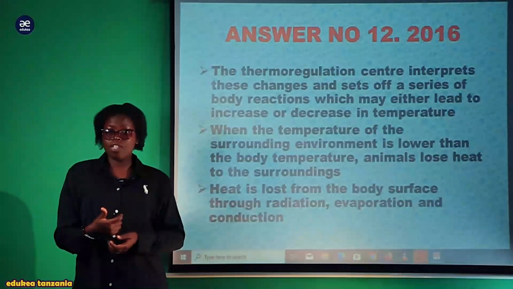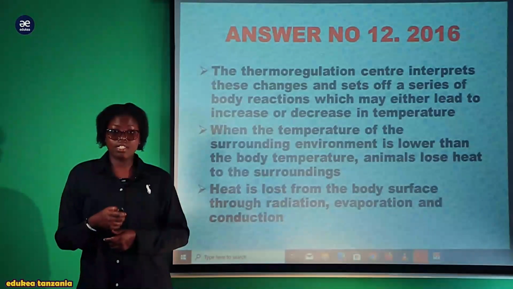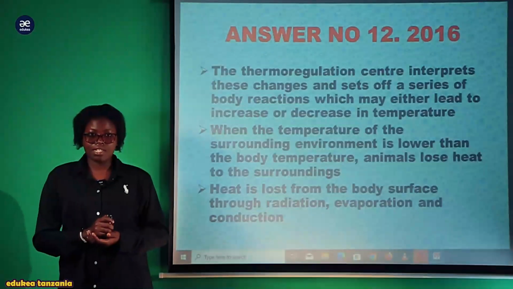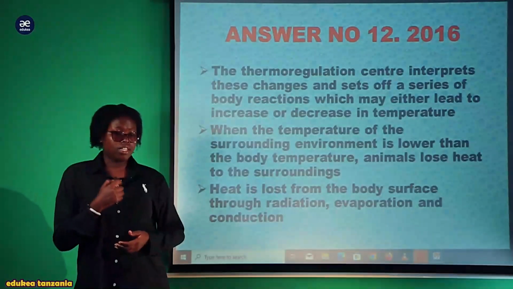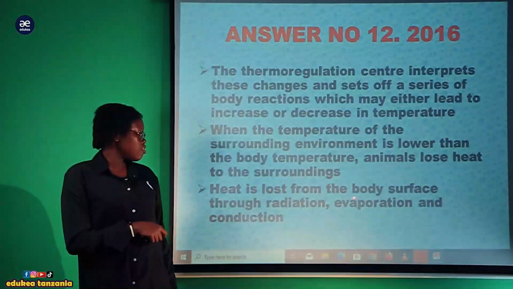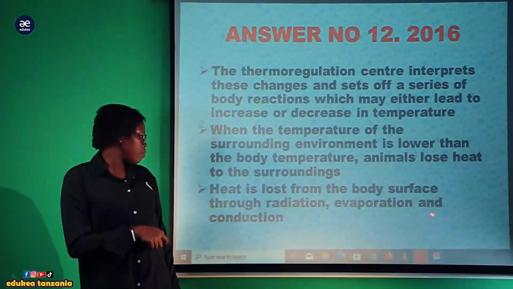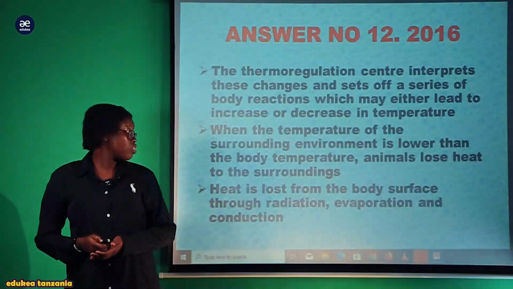We know that the internal body temperature is from 36 to 37 degrees Celsius. Heat is lost from the body surface through radiation, evaporation and conduction.